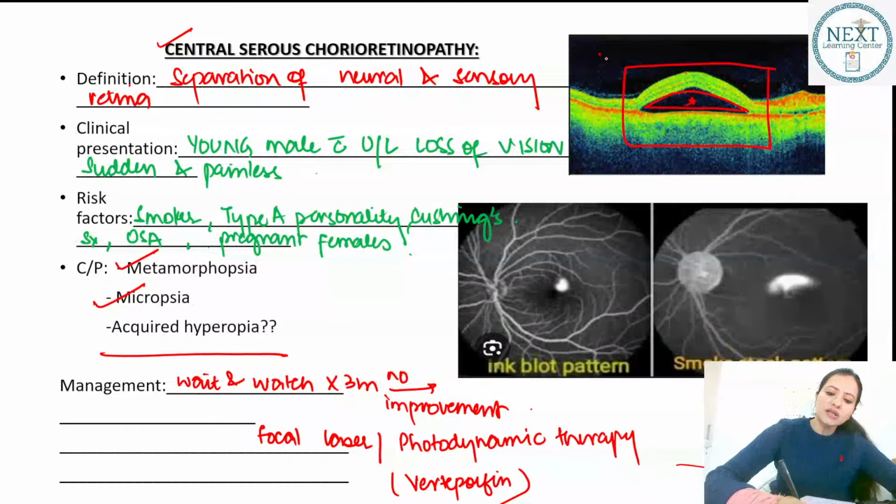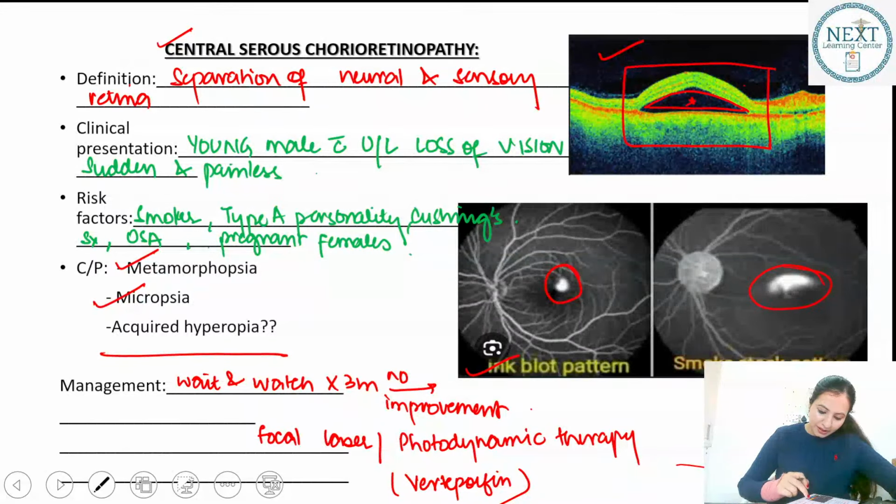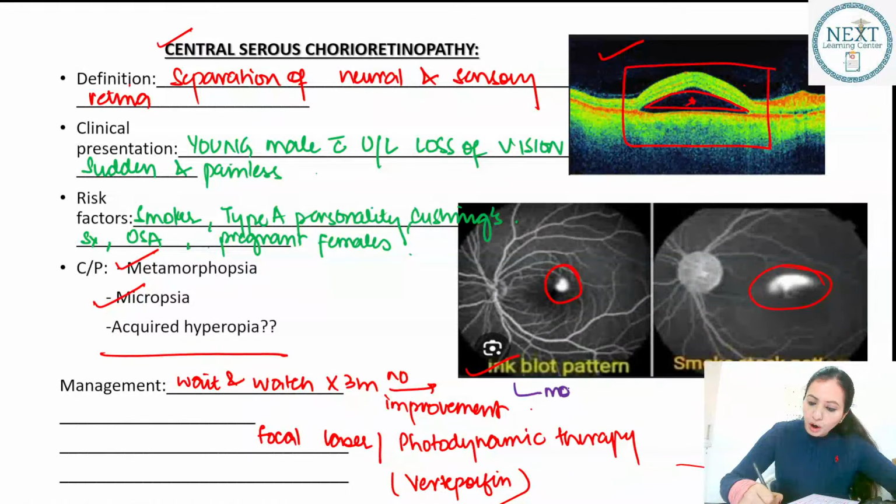Now you know this is the OCT appearance, and if you ask FFA, you can get either ink blot appearance or smokestack appearance. Ink blot appearance is more common, but smokestack appearance, it is more specific of central serous chorioretinopathy.